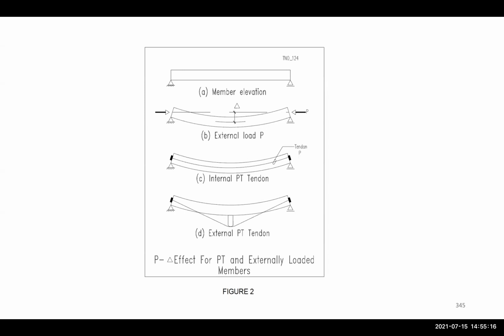So how does that affect vibration, for example? One thing that is important to understand here is, yes, this is an applied force to a member, and it will have a P delta effect. But for PT floors, the post-tensioning force is applied to a concrete floor, applying compression to the entire floor to prevent cracking of the concrete.